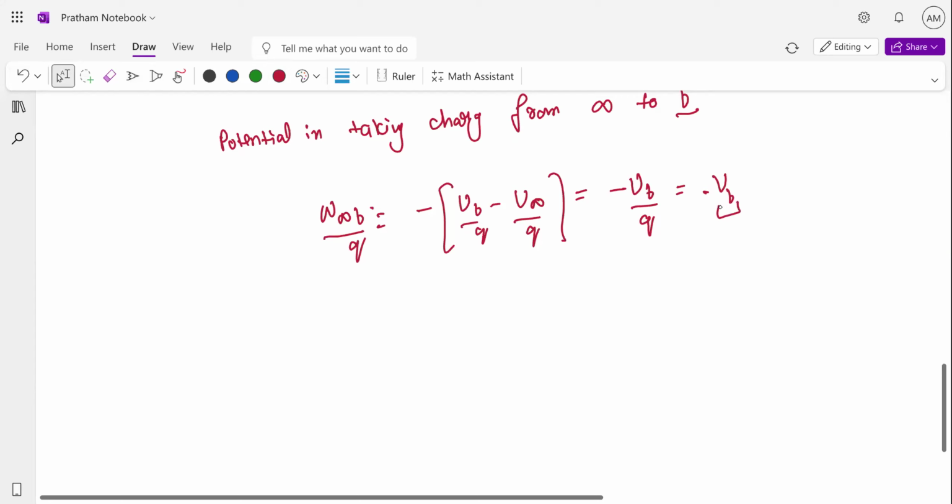Can I say it is nothing but the work done by electric force per unit charge in taking a charge from infinity to that particular point?